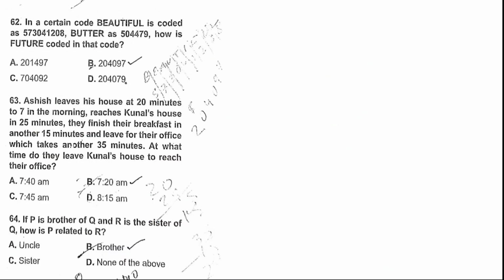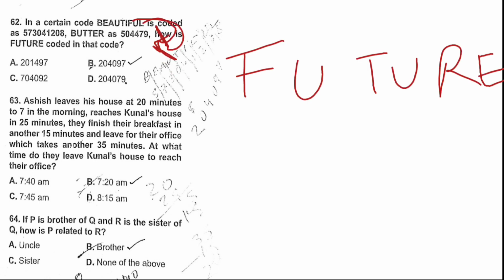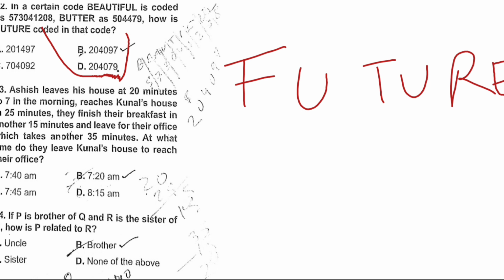Moving to next. Next we have a coding and decoding question. Here, if you see, the word future is made up of the letters from these two words. So you see which alphabet is pointing to which number, right? Future. So here F is pointing to which number? F is equivalent to 2, right? So 2 here.